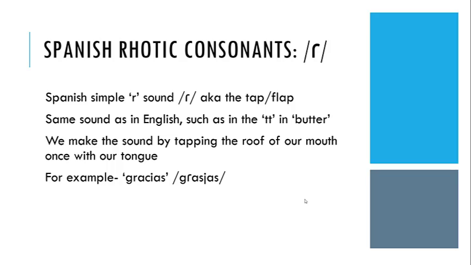This tap sound is the same in Spanish, and is made by tapping your tongue once against the roof of your mouth. For example, in the word gracias, we don't roll the R, but instead we simply tap it for a pronunciation of gracias. Okay, now that we've discussed how to make both of these sounds, let's learn when we use both sounds so that you can pronounce Spanish R's like a pro.